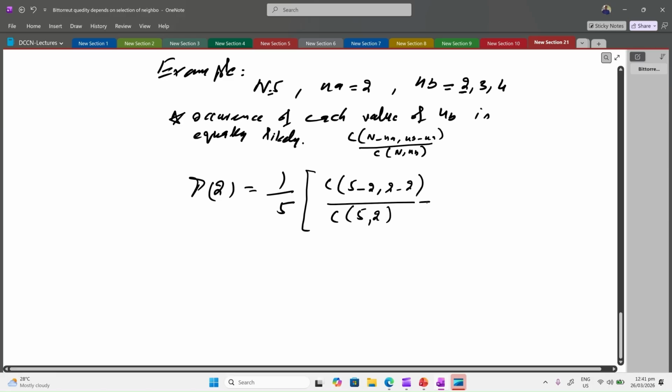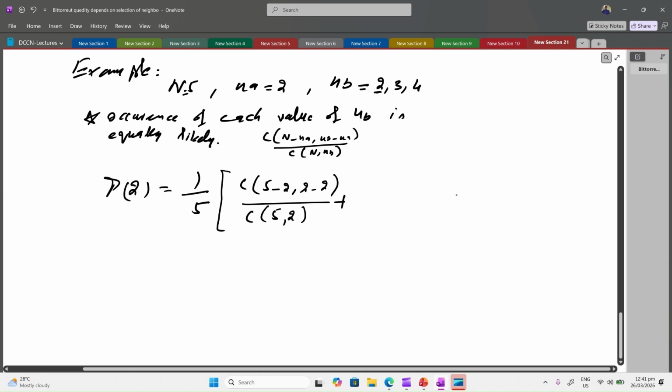Plus the probability for the next value, okay? Then it will be what?